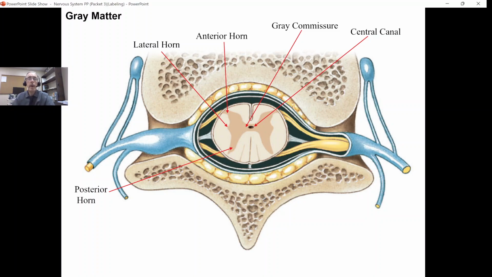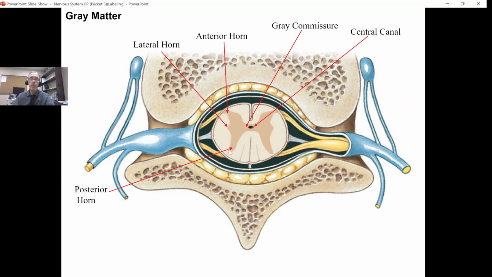So a little bit about their functions. When sensory information comes into the spinal cord this way, it's going to go into the back of the spinal cord here. The sensory information comes in and then it enters the posterior horn. So basically our sensory information is going to be coming in kind of through the back door of the spinal cord over here.